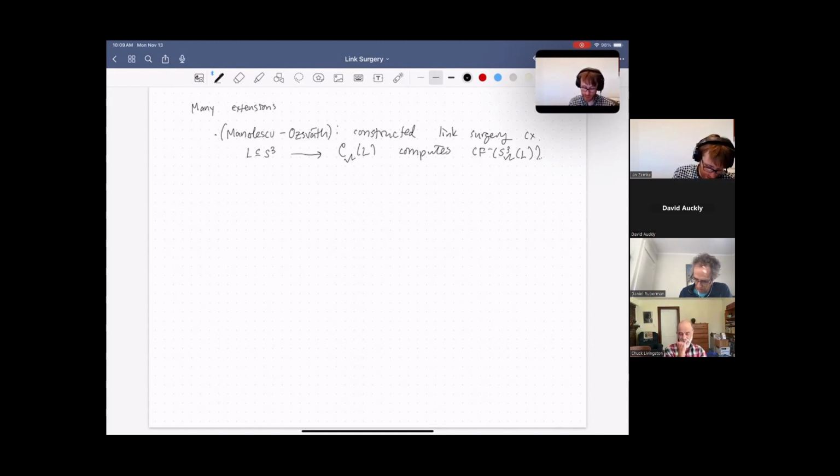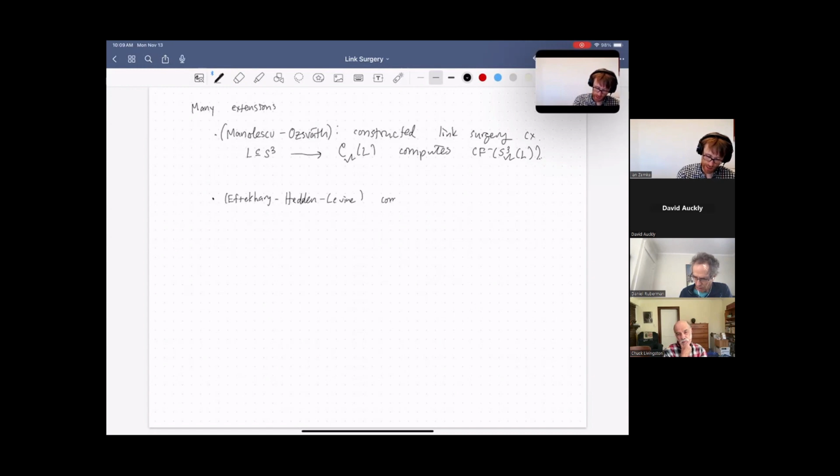And then in another direction, there's a formula of Eftekhary, Hedden and Levine. It doesn't compute CF minus, it computes the knot Floer homology of the dual knot in the Dehn surgery.